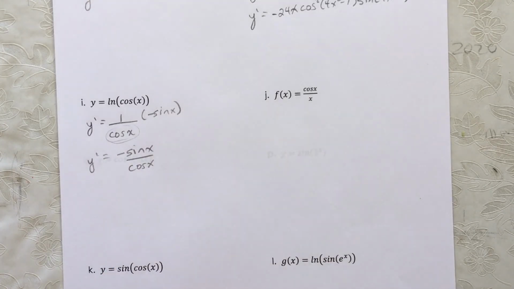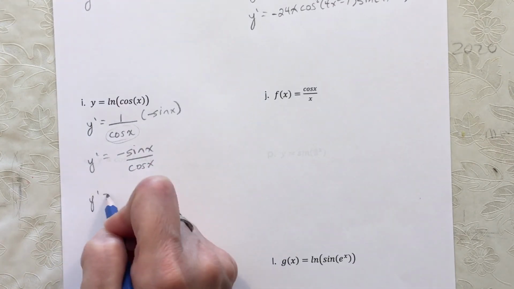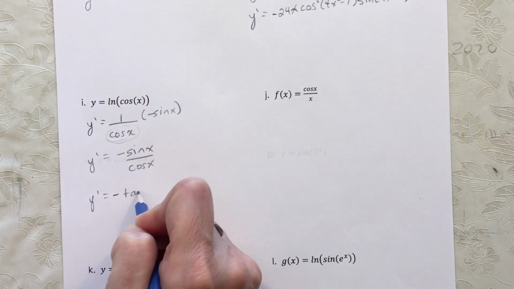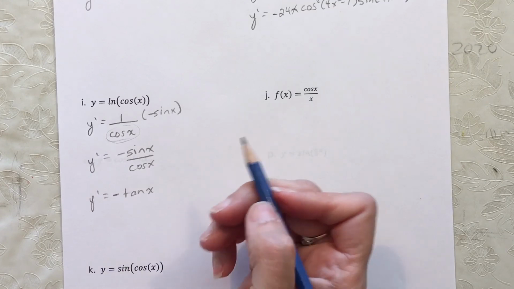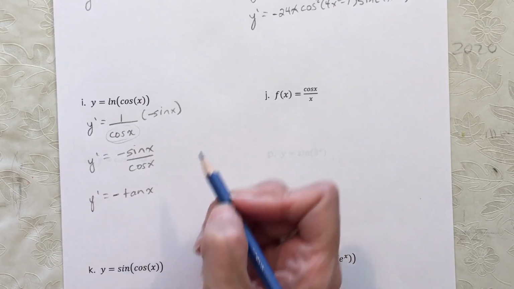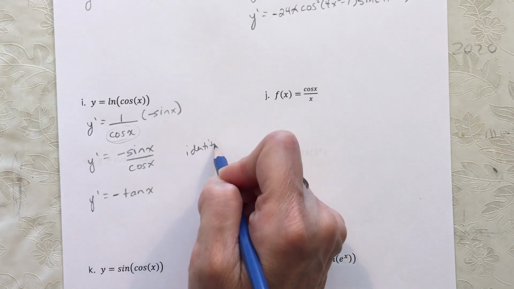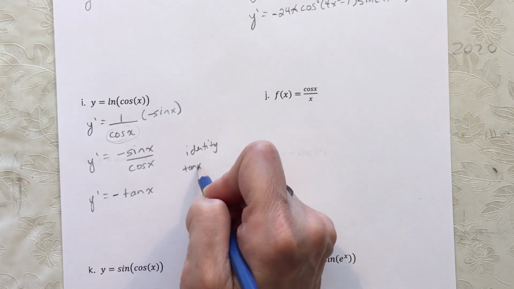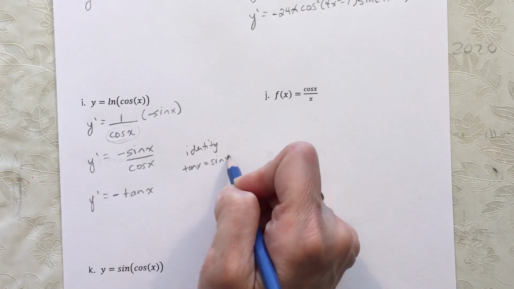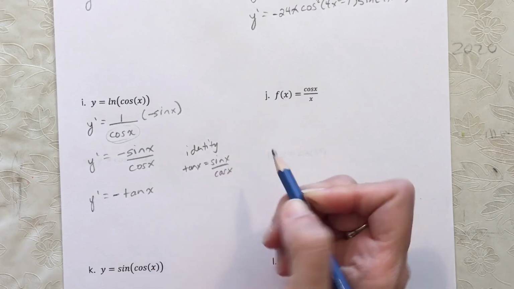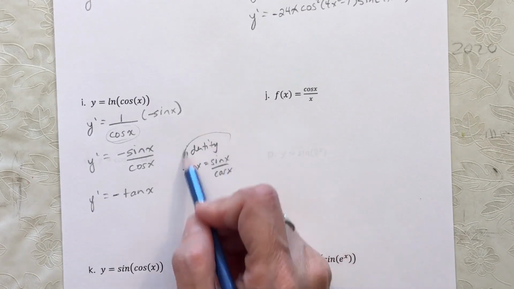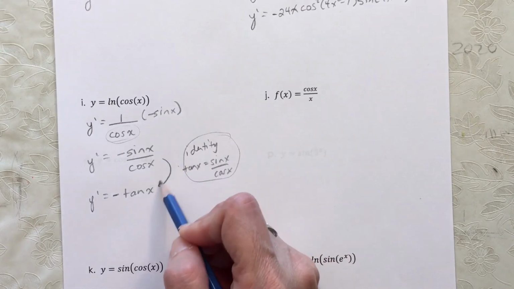That's the answer, and I would totally accept that answer, but the back of the book might say y prime equals negative tan of x, and you may ask yourself, why is that? You've got to remember an identity from advanced functions, and that is that tan of x is equal to sine of x over cos of x. So that identity is used to go from this step to that step.